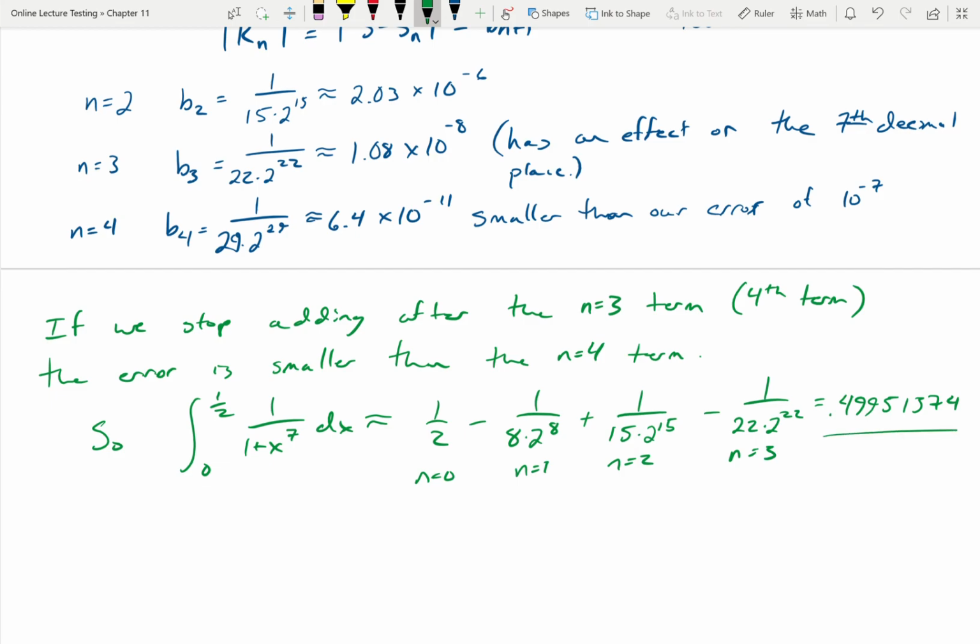So this is how we can use this to approximate integrals, because there is no way that we could have figured out the integral of 1 over 1 plus x to the 7th. That's the cool thing, we can use series to approximate integration, which is awesome.